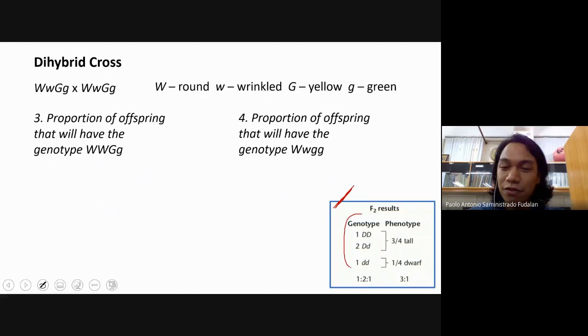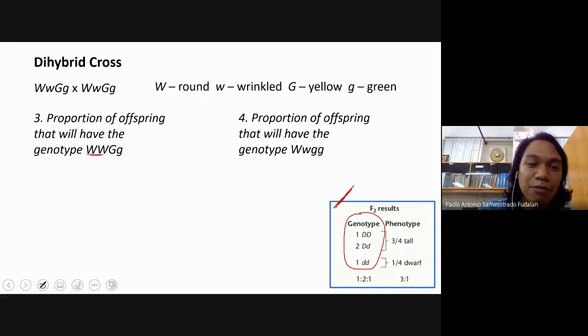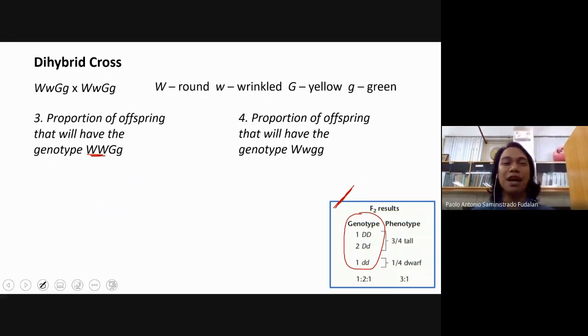look at the ratios for the genotypes. Okay. So number 3, proportion of offspring that will have the genotype big W, big G, small g. So again, I will deal with these separately. I'll start first with the W's. Okay. So this big W, from the cross big W, small w, I look at the reference, and that's 1 out of 4 as a result.